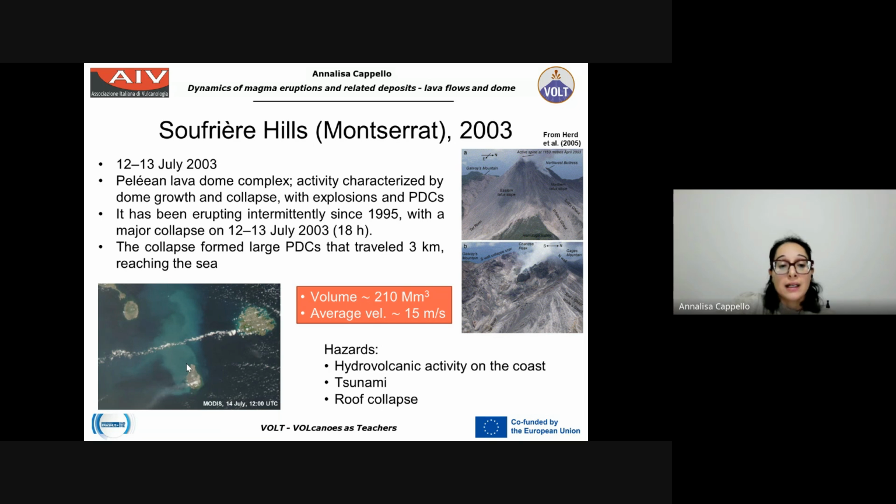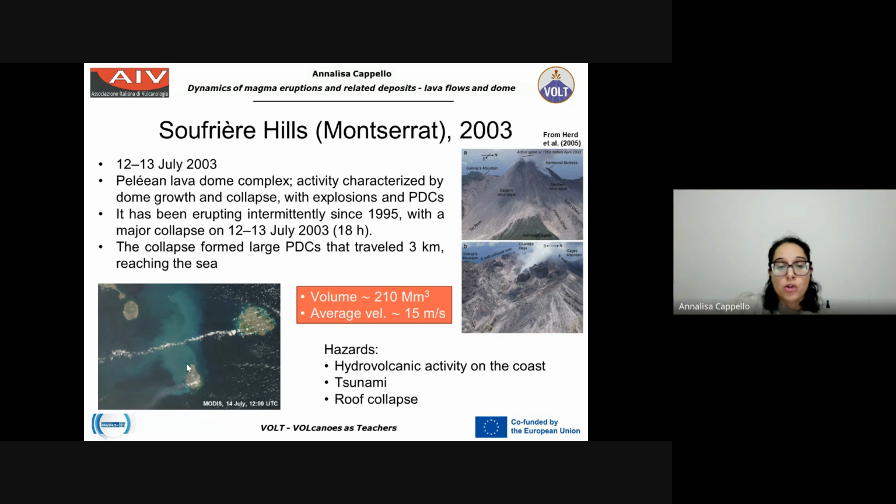The other hazard linked to these eruptions was the hydrovolcanic activity on the coast, which generated a violent inland-directed pyroclastic surge.